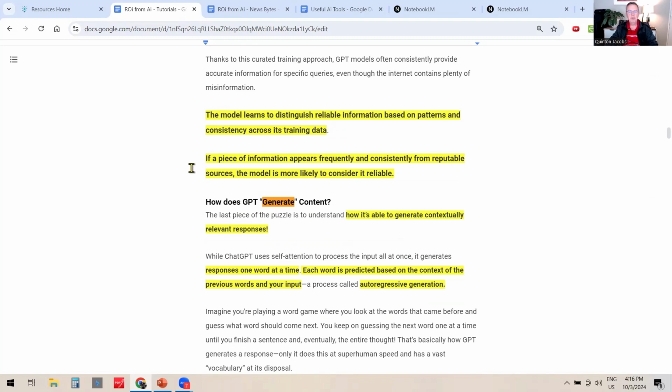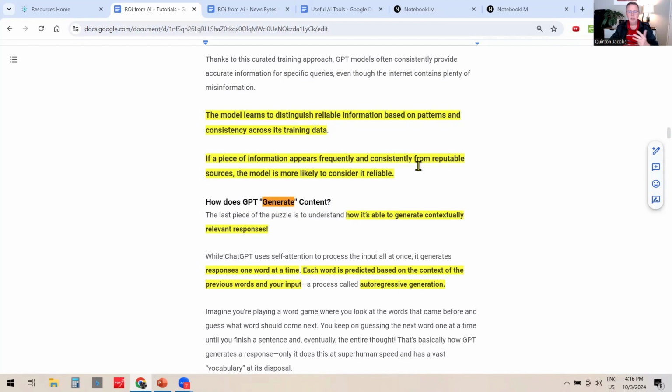If a piece of information appears frequently and consistently from reputable sources, the model is more likely to consider it reliable. Again, it feeds into that. If you're building SEO, the large language models or the AI models are looking for signs in your data or in your information that it is reliable.